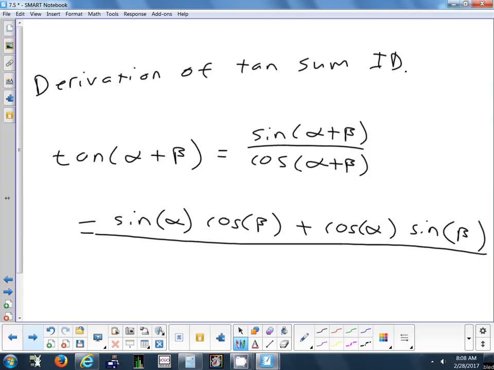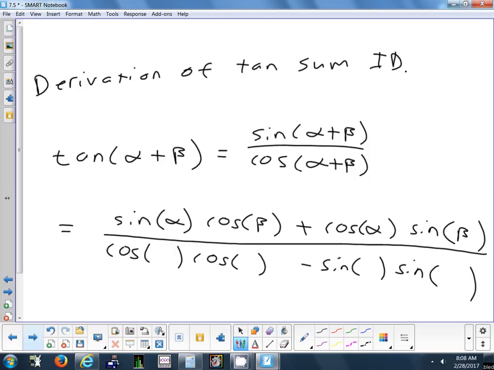All of that is divided by the cosine of a sum. Can somebody remind me what's the formula for cosine of a sum? Amanda? Cosine of alpha, cosine beta, minus sine of alpha.